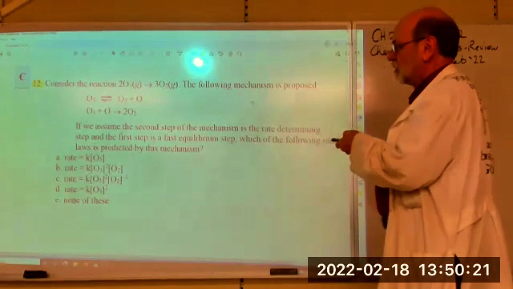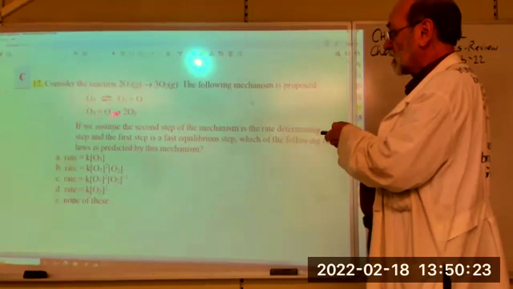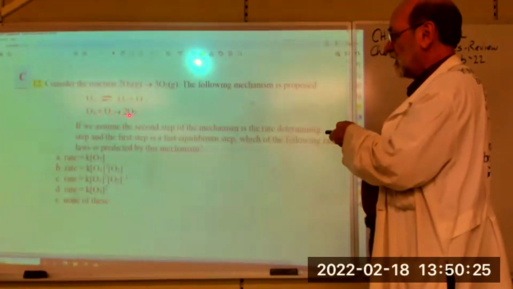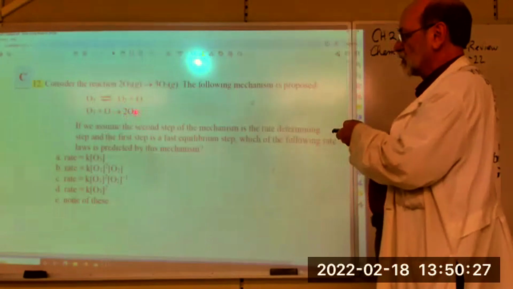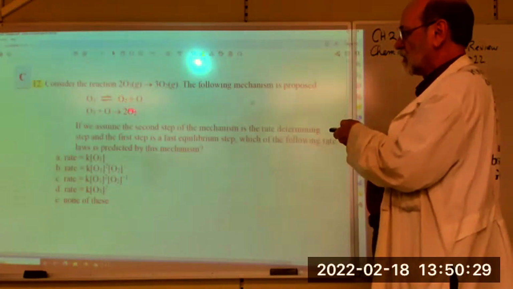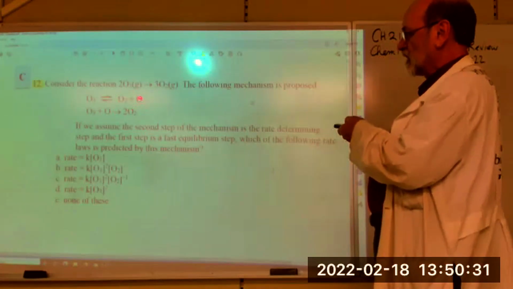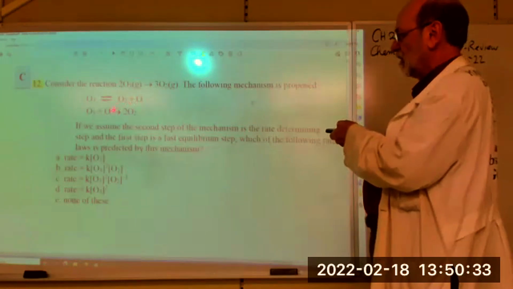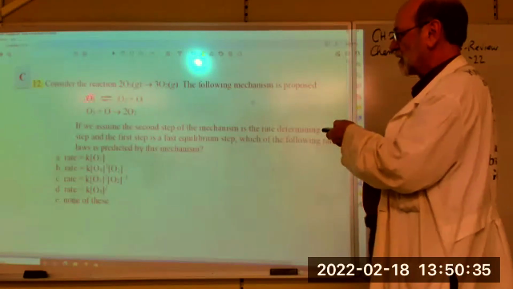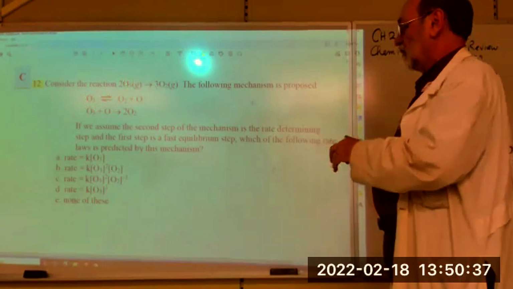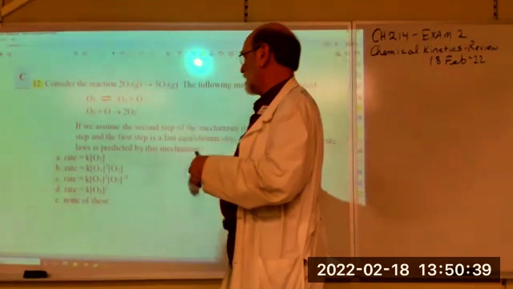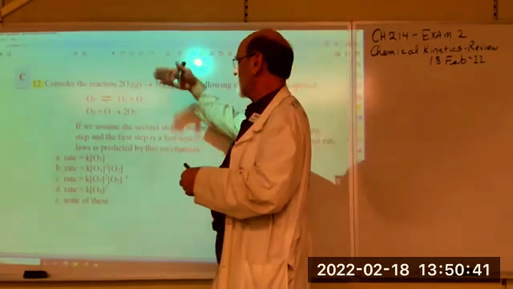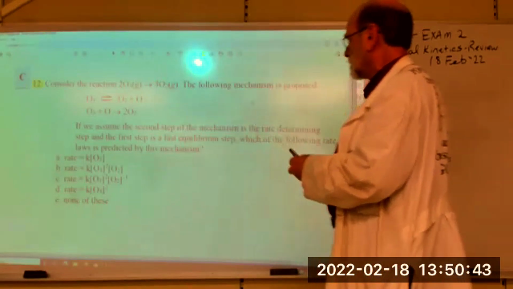And then we take another ozone and react it with that free radical, and that makes 2 more oxygens. So we have 1 oxygen here, 2 oxygens there. And this one is an intermediate that's consumed. And these are 2 reactants. So this mechanism adds up to that overall reaction.